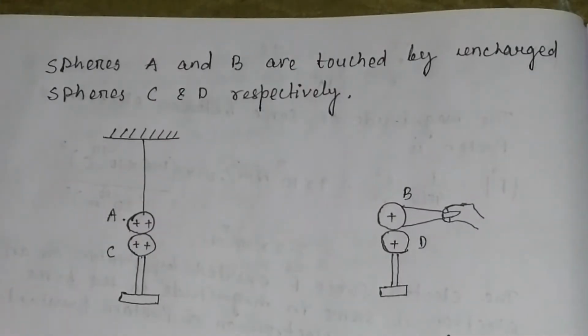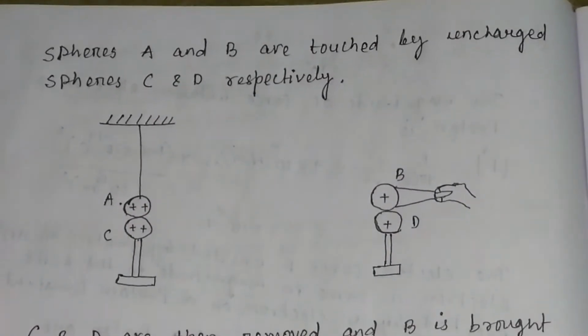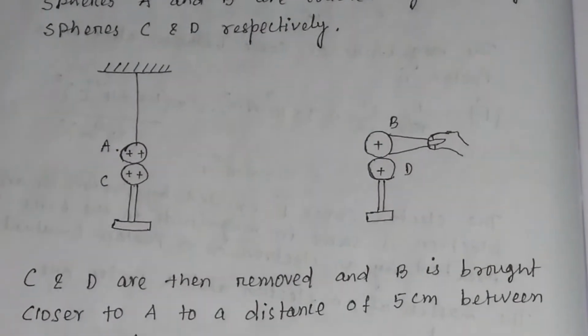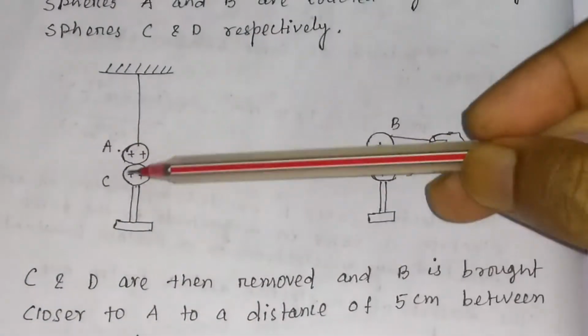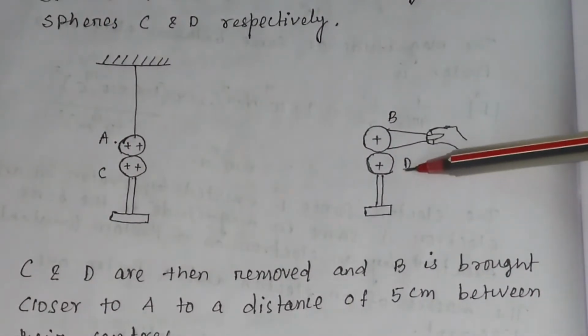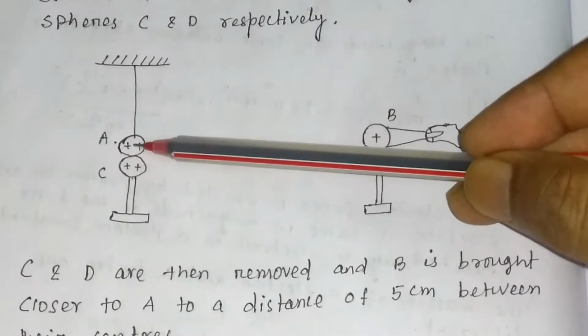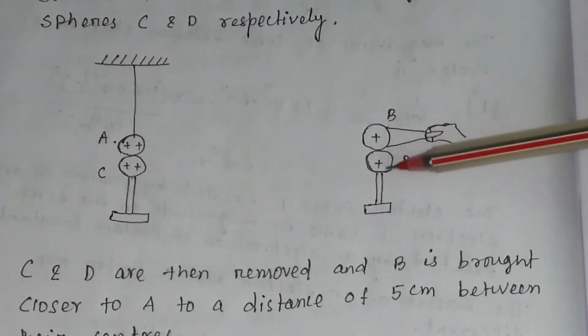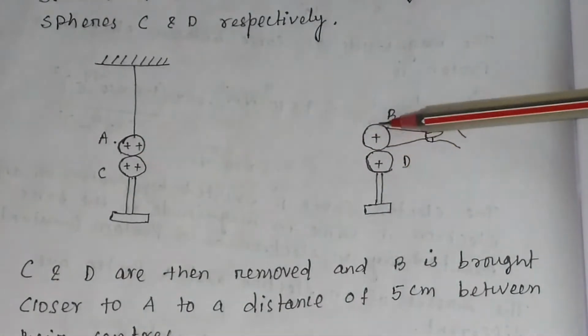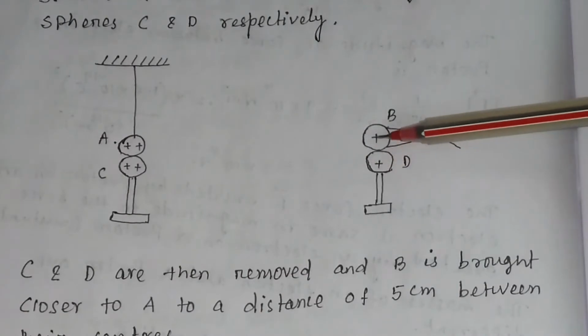Suppose A and B are touched by uncharged spheres C and D respectively. So you see, this is the sphere C and this is the sphere D. They are uncharged. When you touch A with C and B with D, what will happen? There will be charge redistribution.